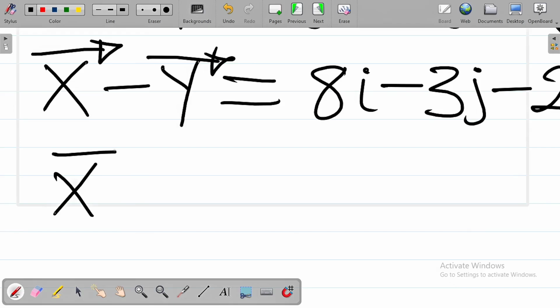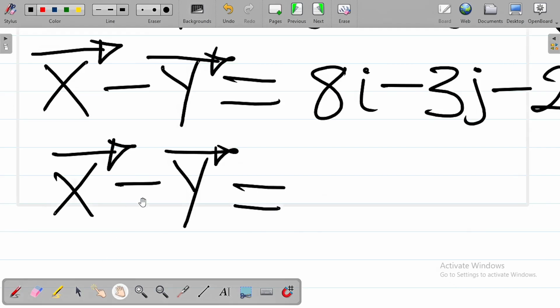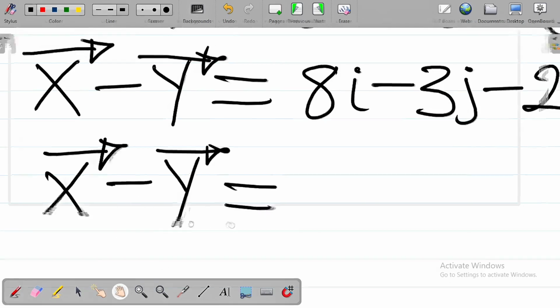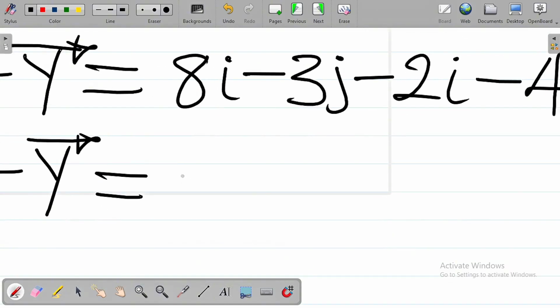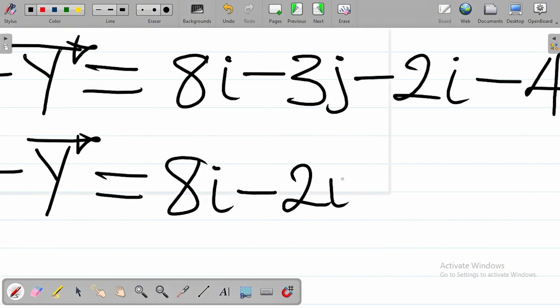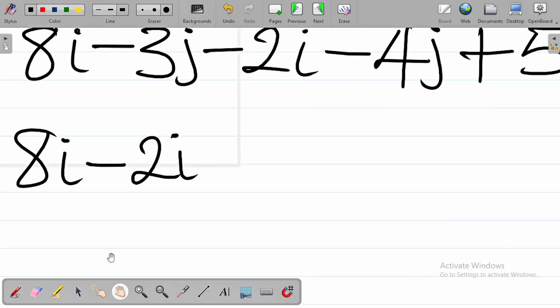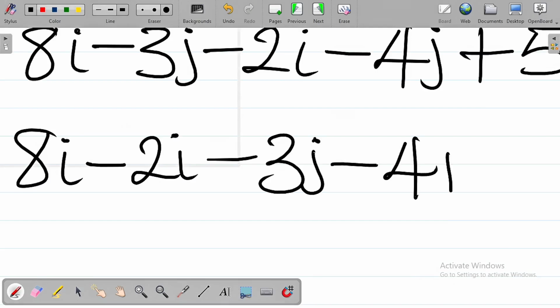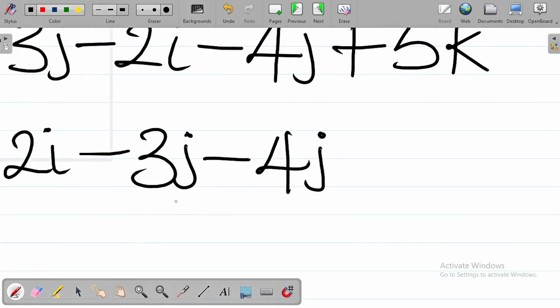So vector x minus vector y is equal to, our next task is to collect like terms. So we have here 8i minus 2i. Let's move over to j. And then minus 3j minus 4j, and then plus 5k.